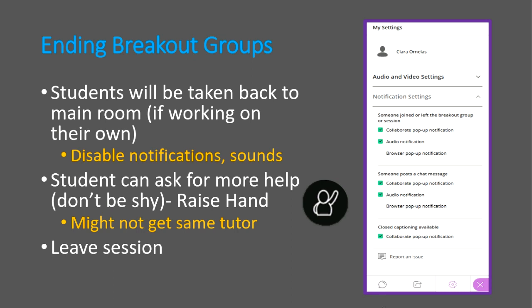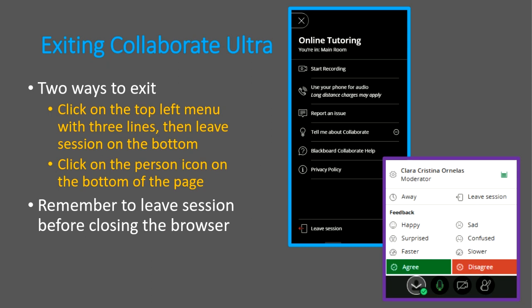There's two ways to exit Collaborate Ultra. If you see on the top left corner, you see those three lines. If you click on that, at the very bottom, you have leave the session.